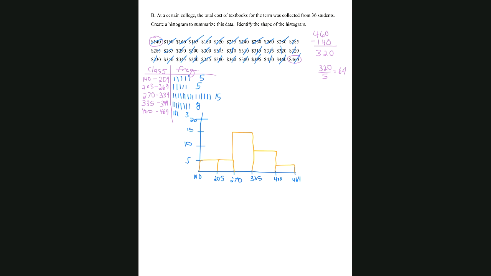I wish there were more that were low, because that would mean that students would save money on their textbooks. But what would you call this histogram? I would call this bell-shaped. Even though it's not exactly symmetric, I would think that this is bell-shaped.